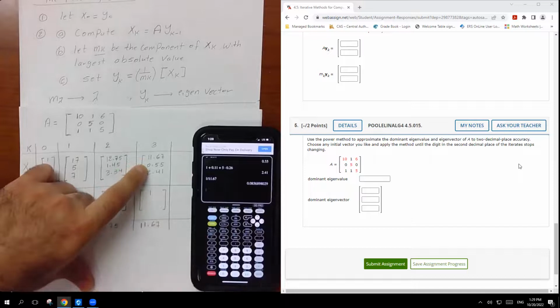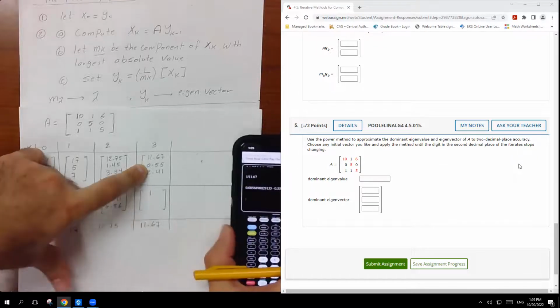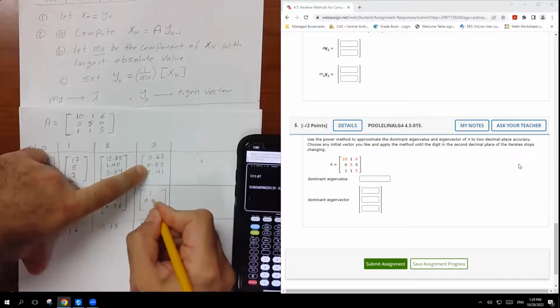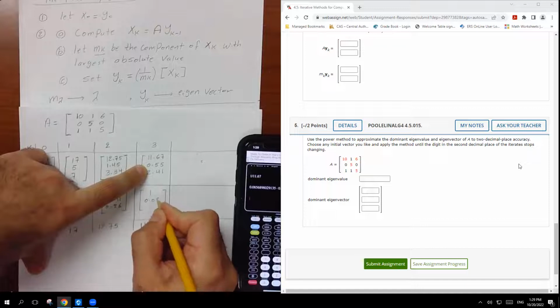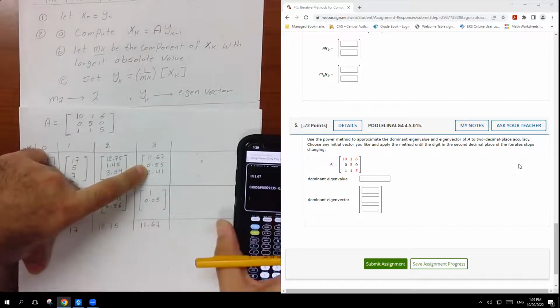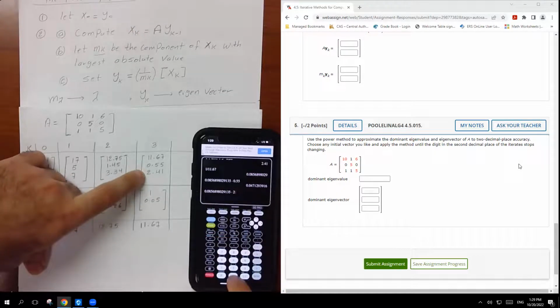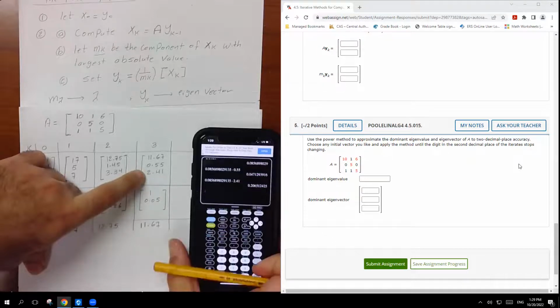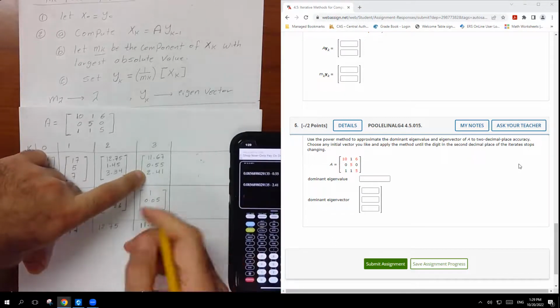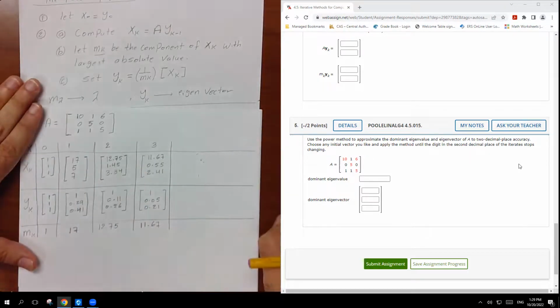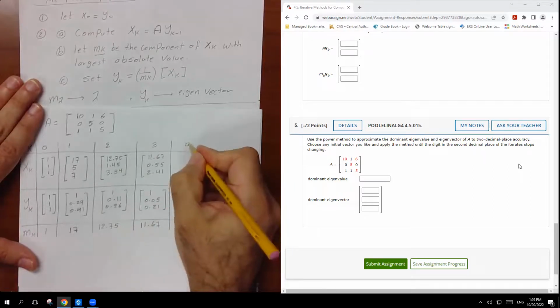The second one is this number times 0.55, which is 0.047, so it's going to be 0.05. And this number times 2.41 is 0.21. We're done with this step. And let's check the next one, the fourth iteration.